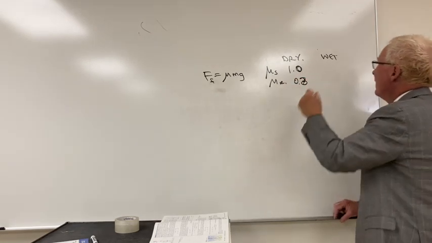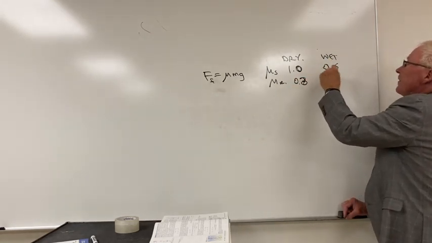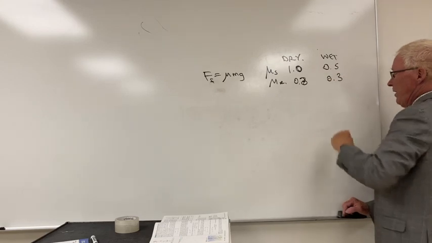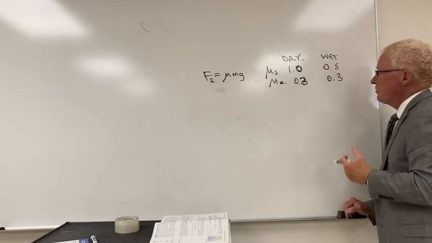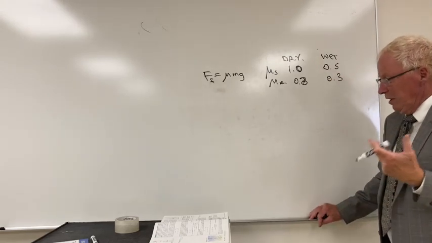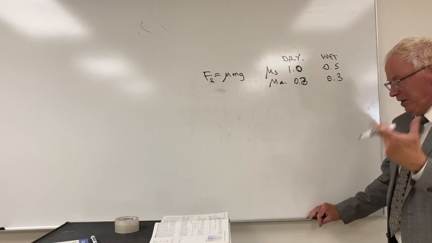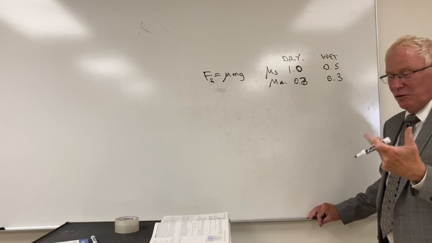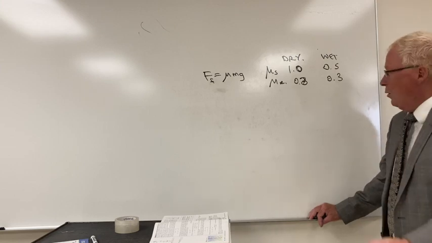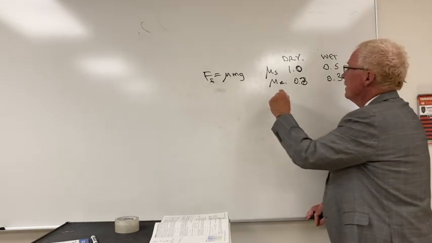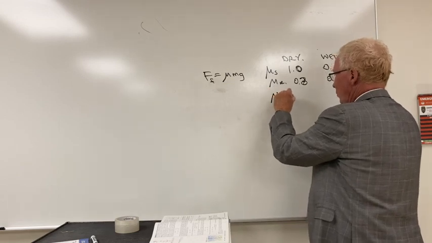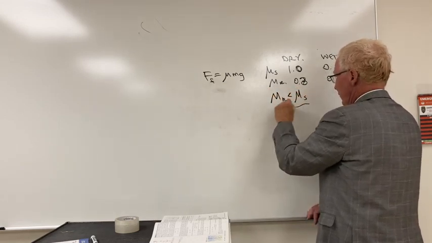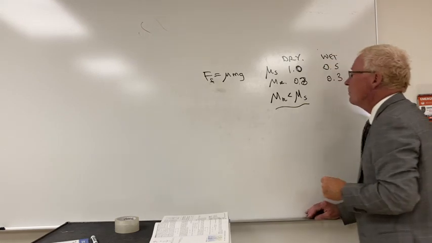When it's very wet, it can be as low as 0.5, and then the kinetic is 0.3. Which means that if your tires don't stay on the road and you start to slide, then you will slide even more because the kinetic friction is always less than static friction. This is the Greek letter mu.